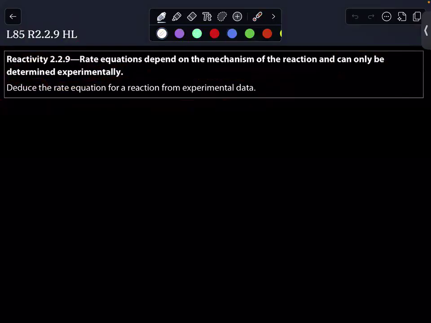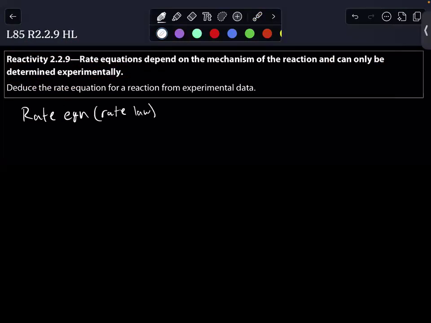So with that said, what the heck is a rate equation, also known as a rate law?